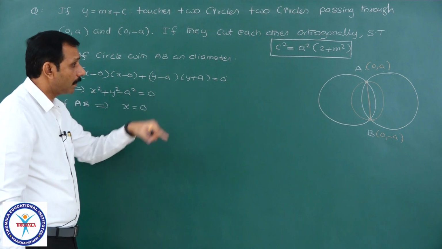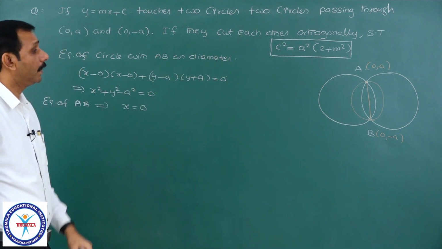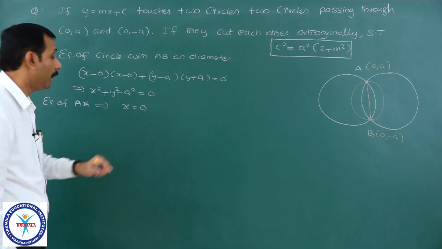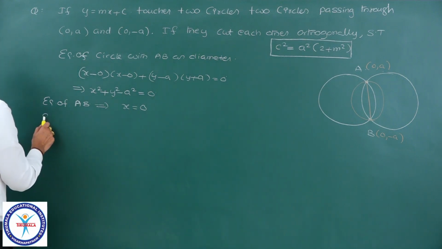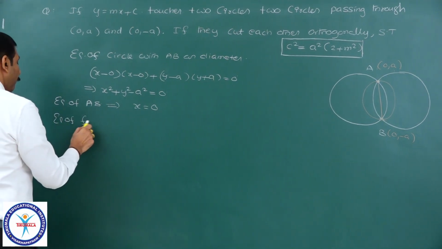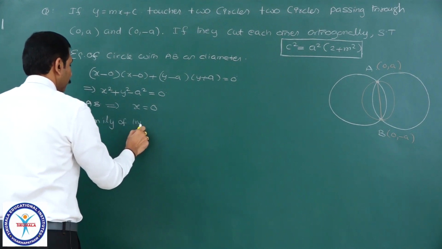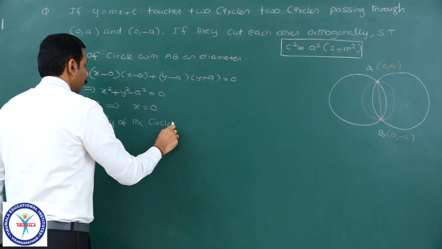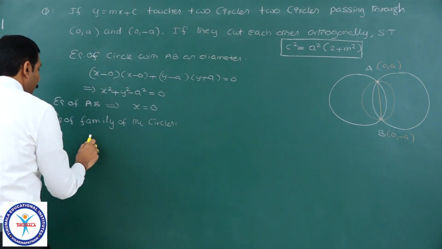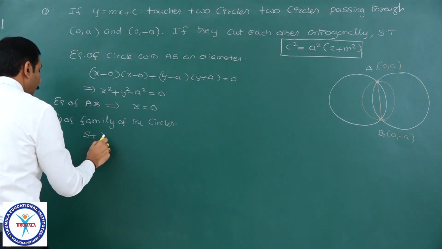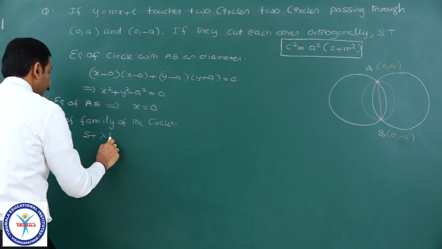Now I know the equation of the circle and that chord AB. Therefore, the equation of the family of circles, what I can write here? S plus lambda L equal to 0.